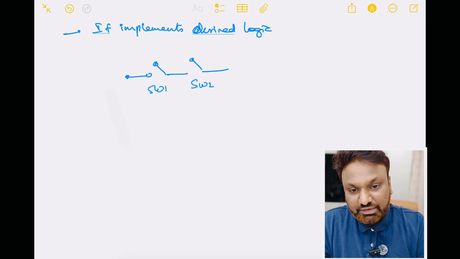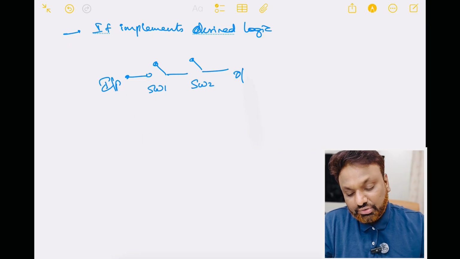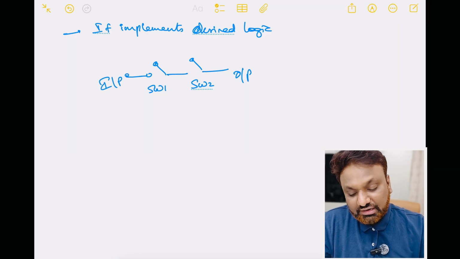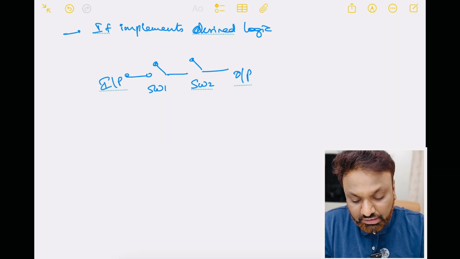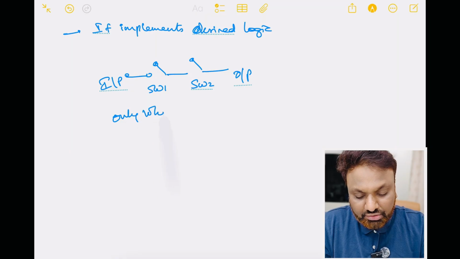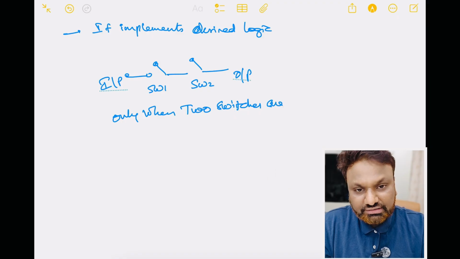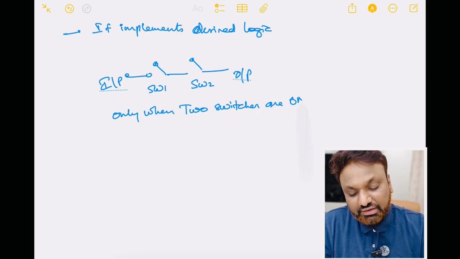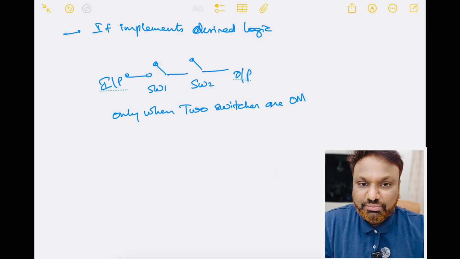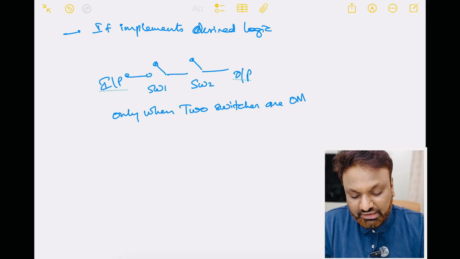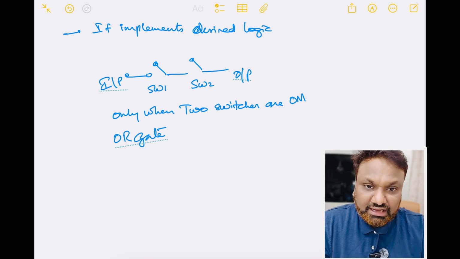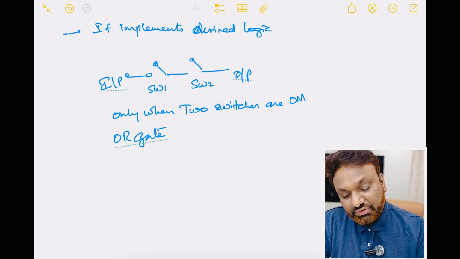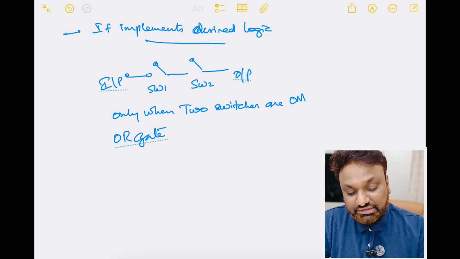If I give an input here, this is the input and this is the output. Suppose I get an output only when both switches are short circuit, that means on. So I only get an output when two inputs are on, that means it is simply an AND gate, right. Similarly, if I connect in parallel, that will be an OR gate, right. So it is implementing some desired logic, right.